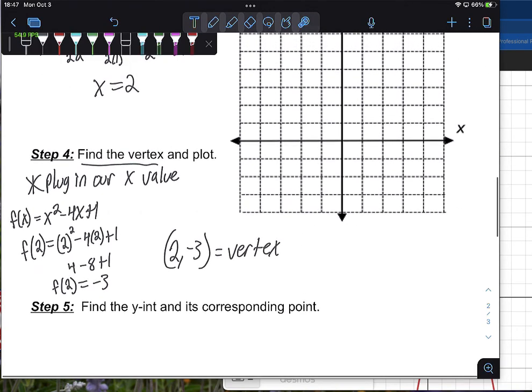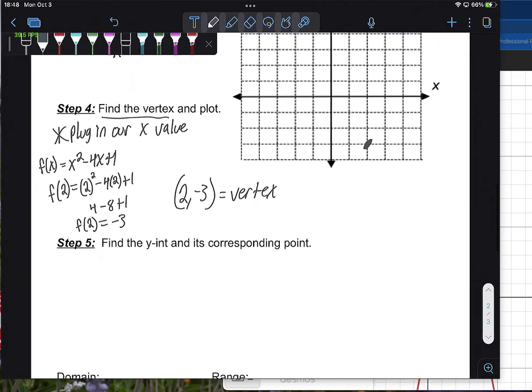So let's plug this in. So we have 1, 2, down 3. Gives me this point right here. Now guys, I can actually find my y-intercepts. So with my equation, y equals x squared minus 4x plus 1, I'm going to plug in a 0 for x, so make another star when x equals 0.